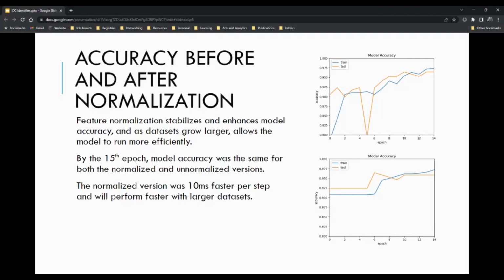Though both models achieved 95+% accuracy, the normalized model was able to do so much more efficiently, and with a smoother running time. The normalized version was able to run 10 milliseconds faster per epoch, and will run more efficiently with larger data sets than the unnormalized version.